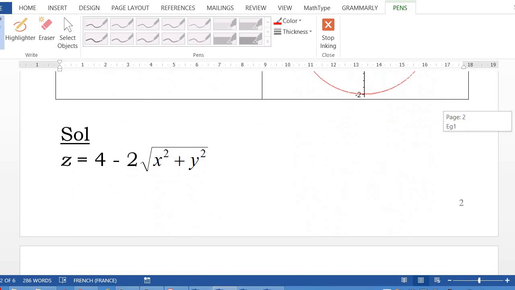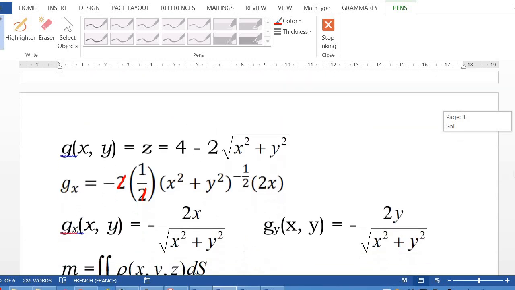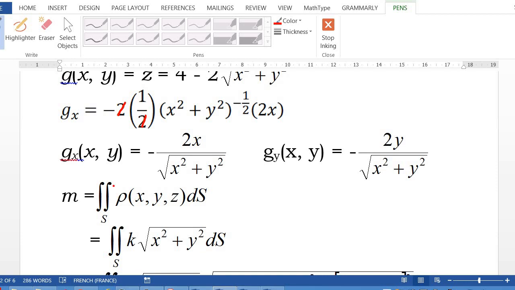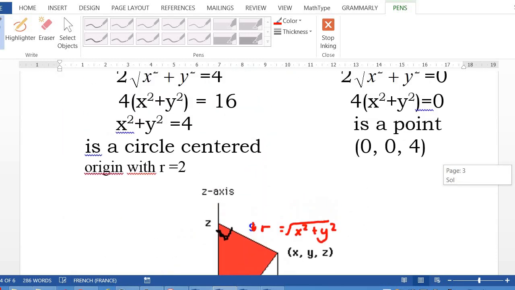Okay, remember what you want to find is the mass of the lamina. The mass of the lamina is given by the surface integral of rho(x, y, z) dS over the surface S. Now how to find the density function rho here?